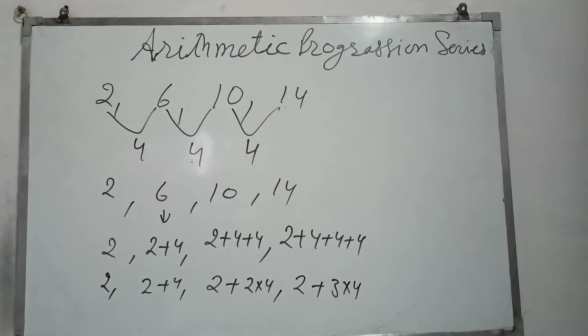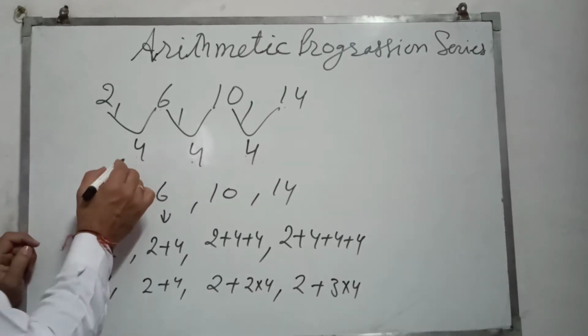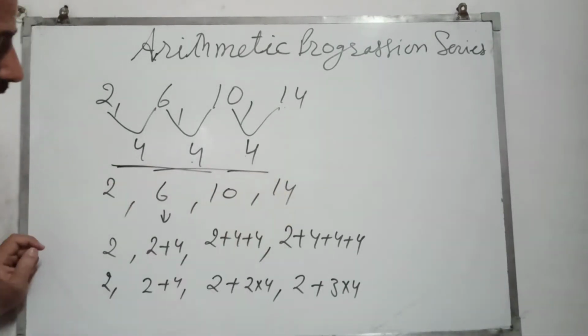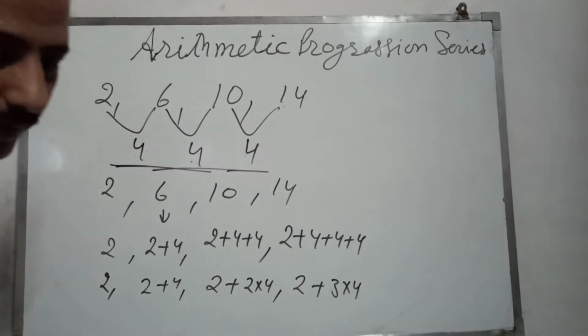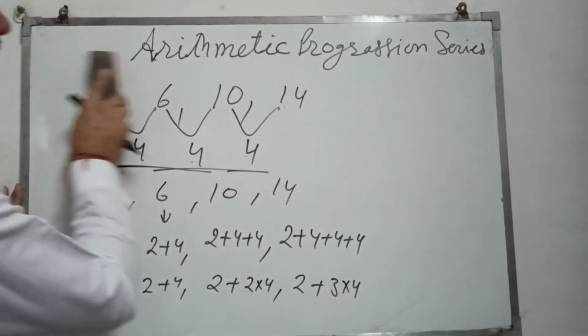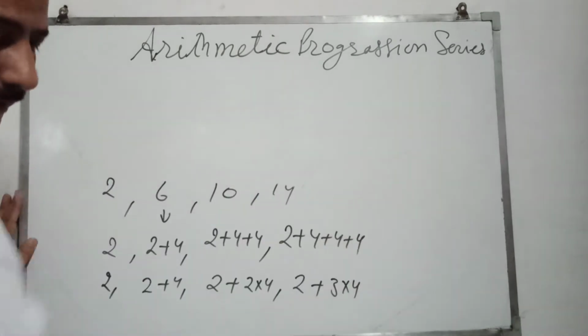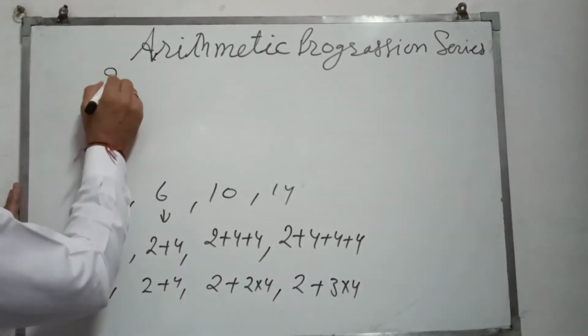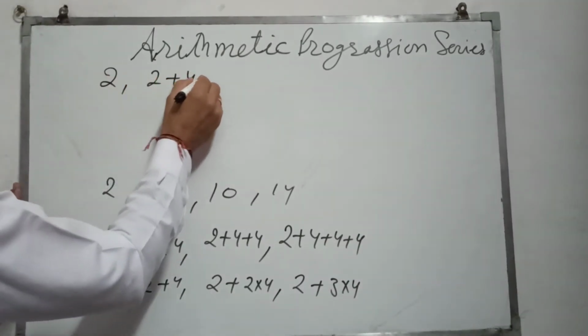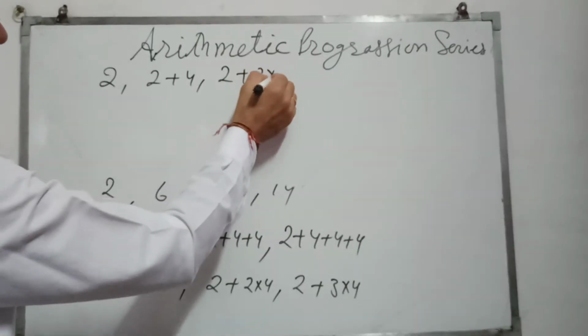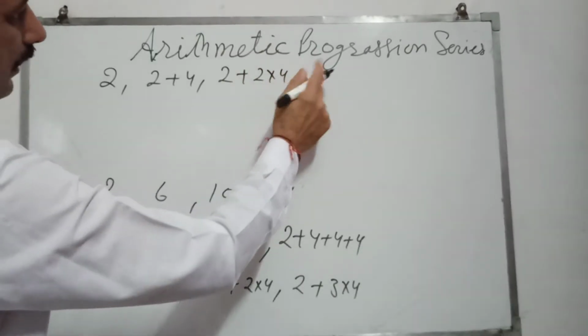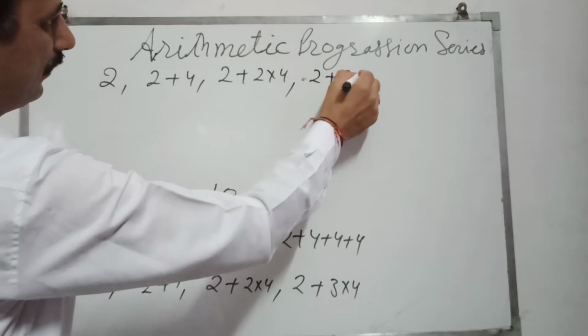So you find that it's a constant term. If we convert it into the general form, we can write it like 2 plus 4, 2 plus 2 into 4, 2 plus 3 into 4.